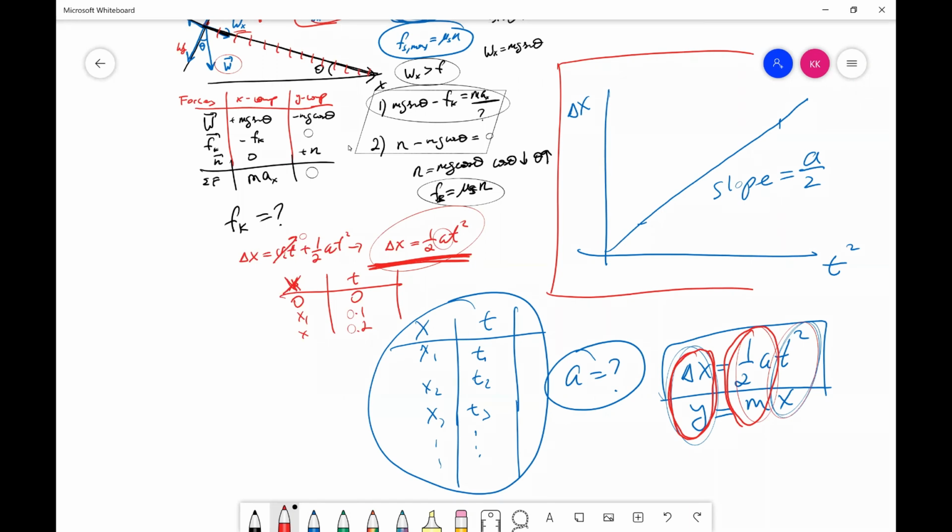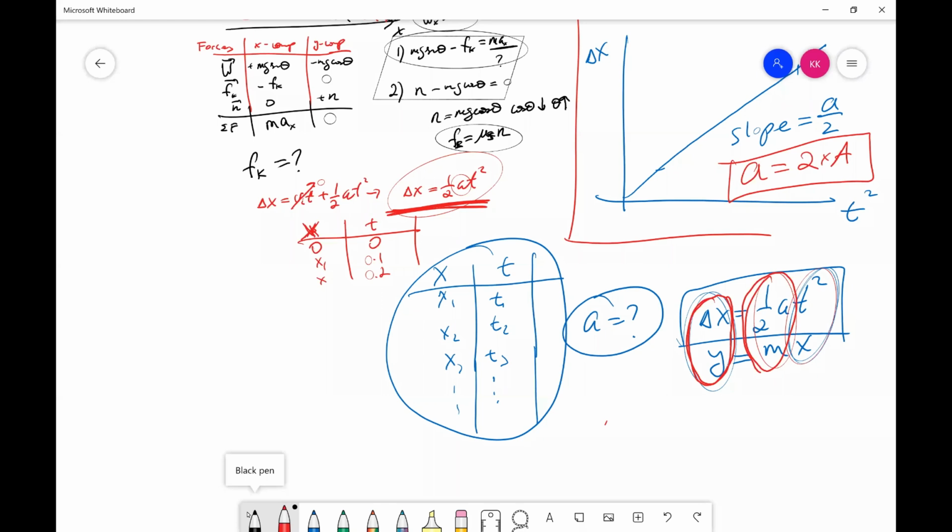And our pivot labs give us the slope of those lines. All you have to do is take 2 times that slope, usually given as some constant a. So 2 times that, that's your acceleration. So that's what you do with this type of data. If you have position changes as a function of time, you can use that equation to plot.